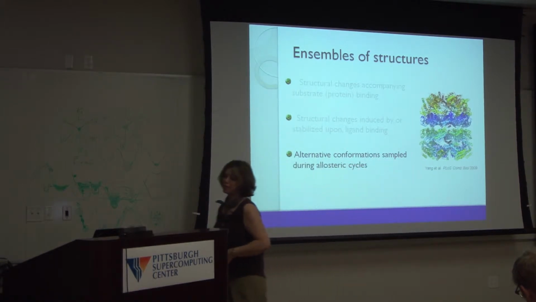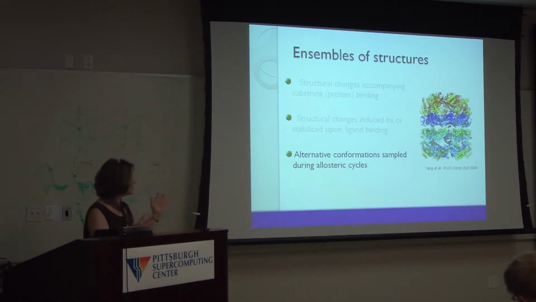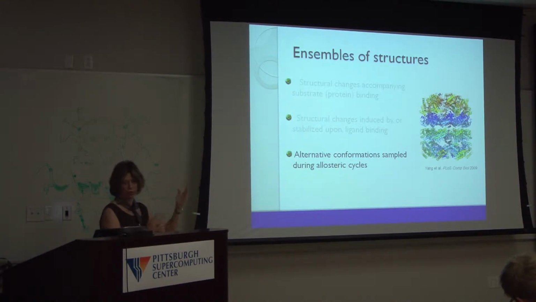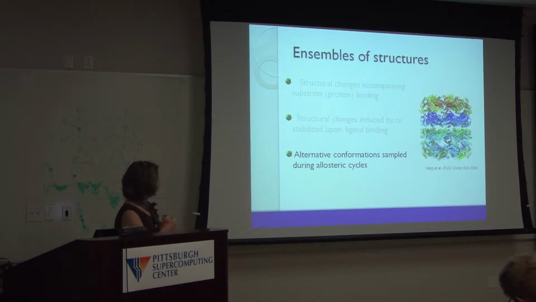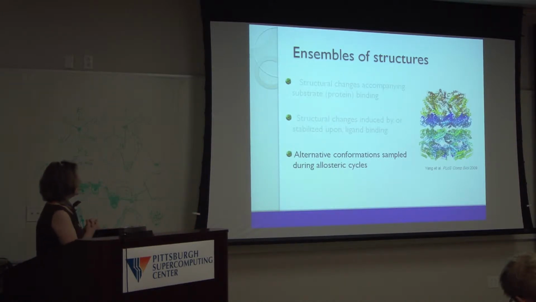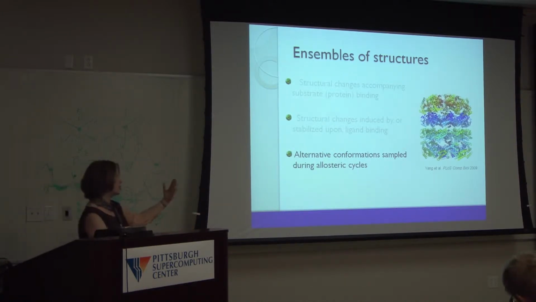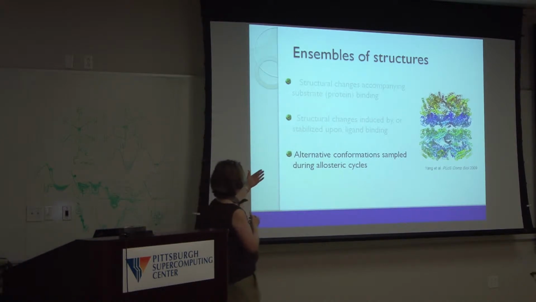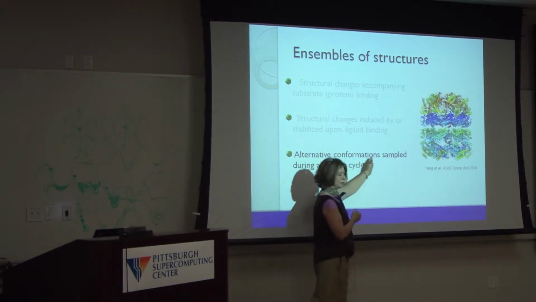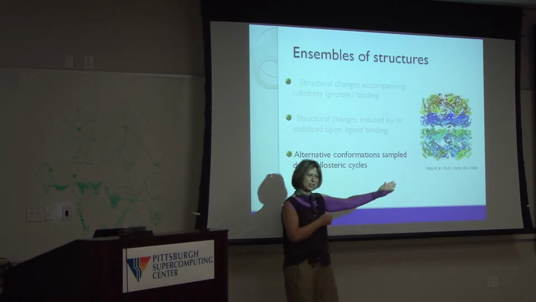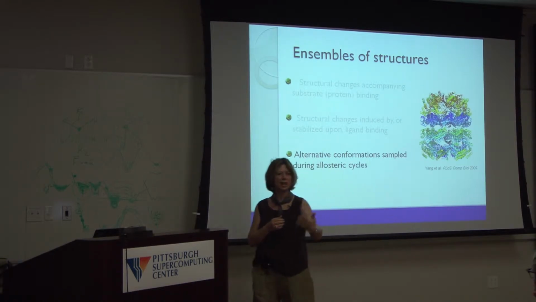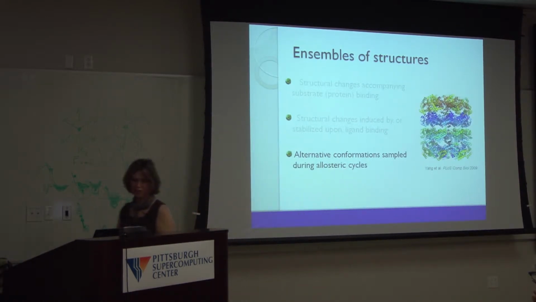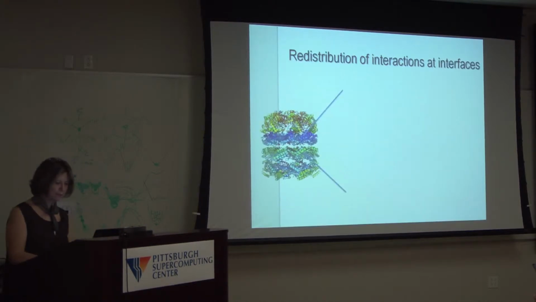So overall, 21 subunits. But we can even have structures composed of hundreds of subunits, like viral capsids or the ribosome. And we have now ensembles of structures that refer to different conformations that are being visited along the allosteric cycle, along their functional mechanisms. Okay.